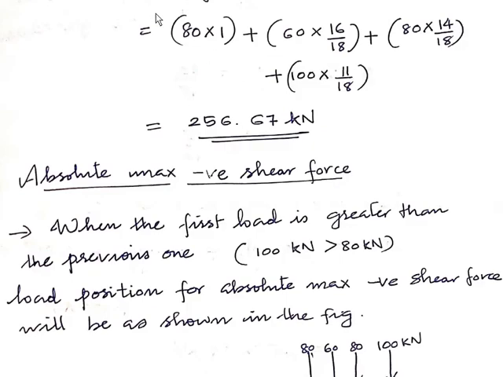The value of absolute maximum positive shear force is equal to each load multiplied by the ordinate in the ILD for positive shear force. While writing the value of absolute maximum shear force, or whatever value we are writing, just write the value with the unit. Don't forget to write the unit.